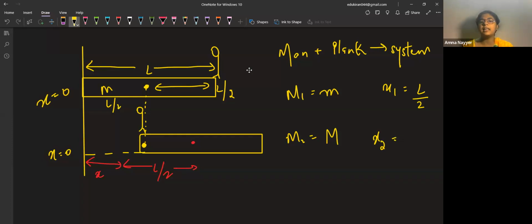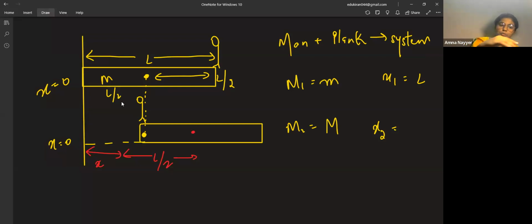This will be complete L. We are taking it from here. Right now the man is here, so the complete length will be taken. But when the man has stepped over here, towards the edge, the center of mass, this was L by 2, plus x has been there. So x plus L by 2.